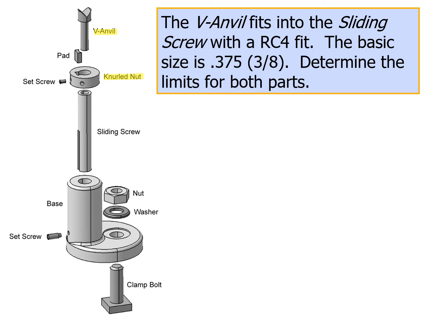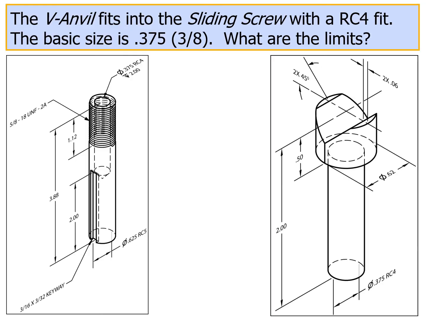Well, the basic size given is 0.375, and RC4 is the limits for the fit. So you look at the table, and you will be able to find the limit information. When you do the dimension, you can dimension the basic size and also the type of the fit.